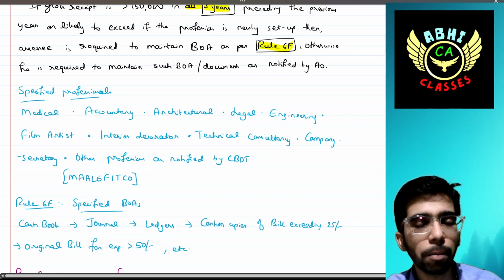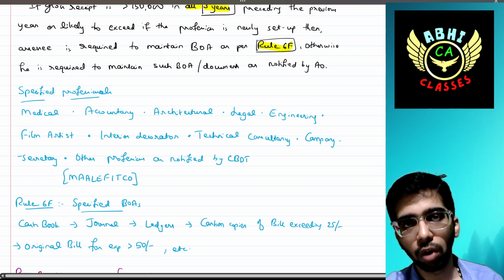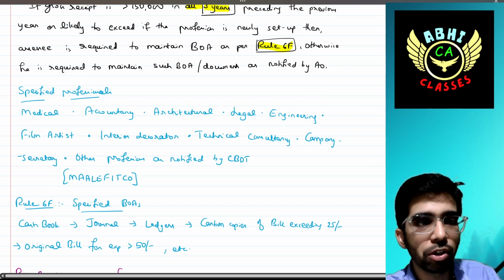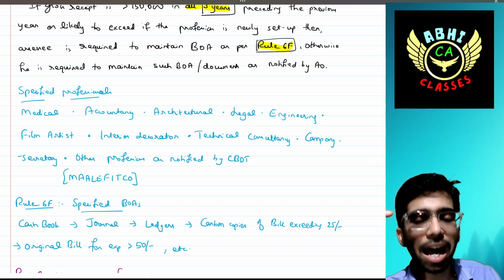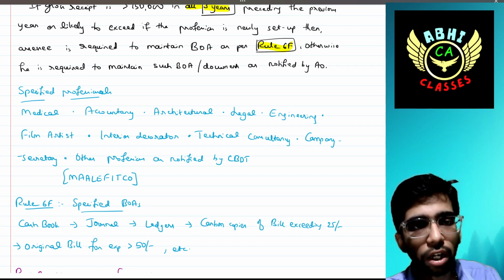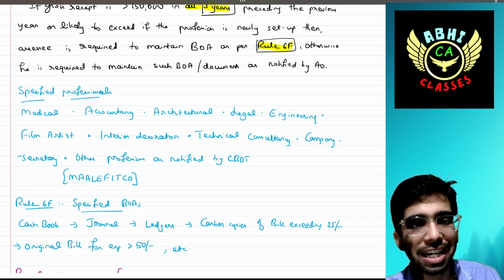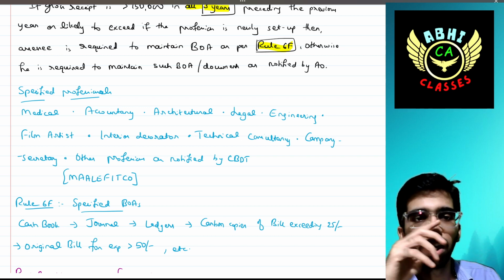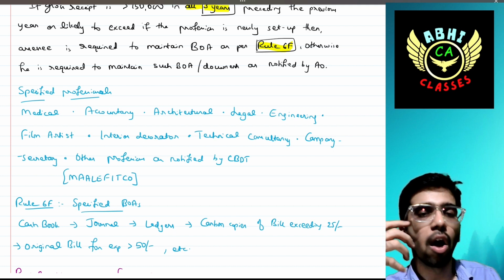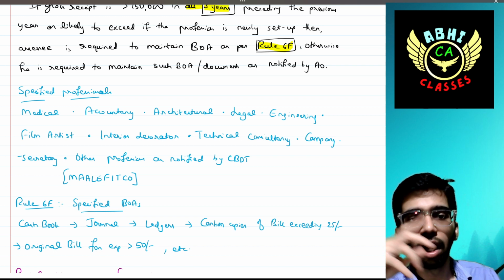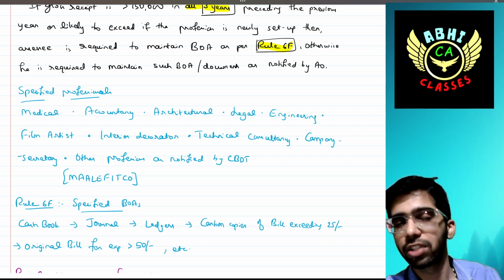Specified profession means MALFITCO. I have mentioned medical, accountancy, architectural, legal, engineering, film artist. We are coming under accountancy. Then interior decorators, technical consultancy, company secretary. That is also there, and then other professions as notified by CBDT.